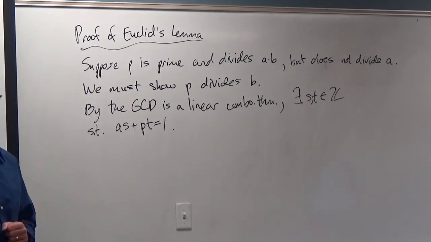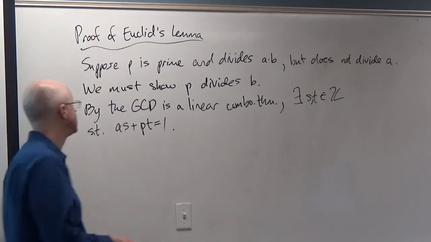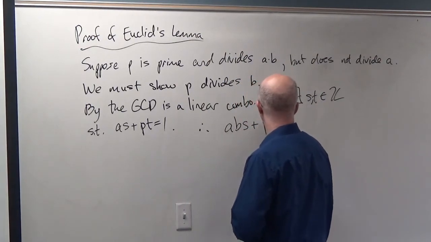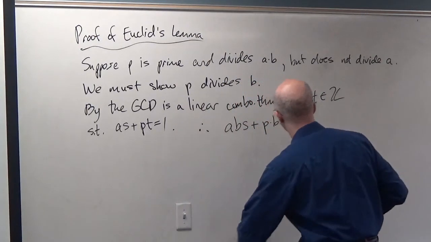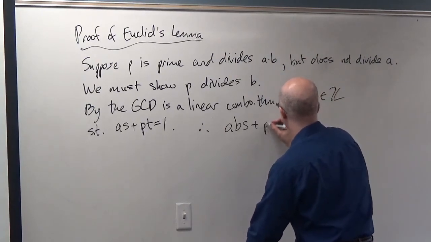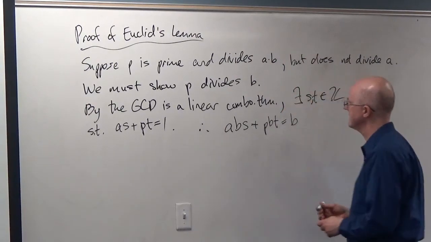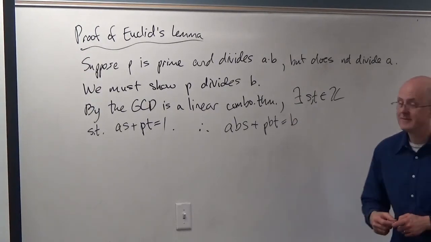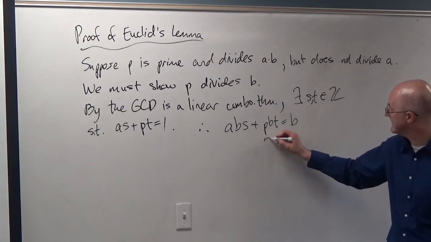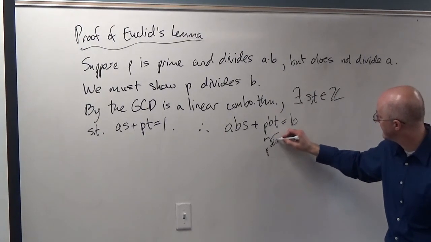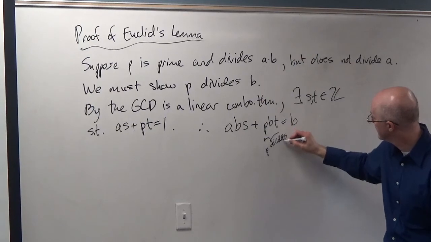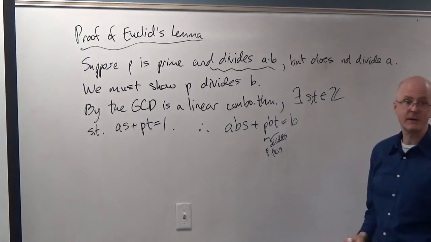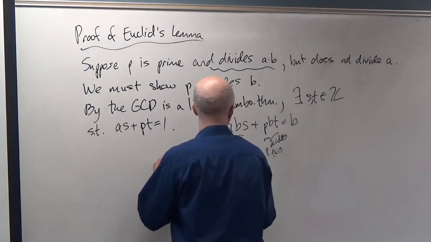You can finish the proof essentially by multiplying both sides of this equation by B. Therefore, A times B times S plus P times B times T must equal B. That basically does it, because P certainly divides this. P divides this. It's a factor of that. And I'm assuming P divides A times B. P divides this.